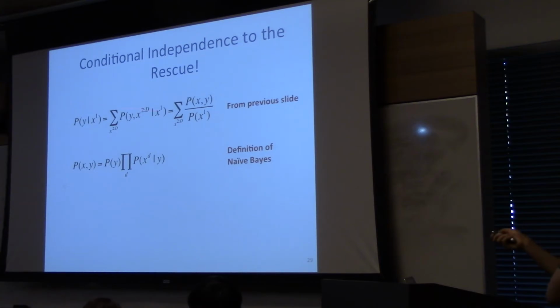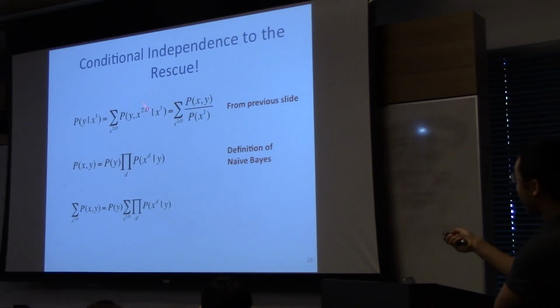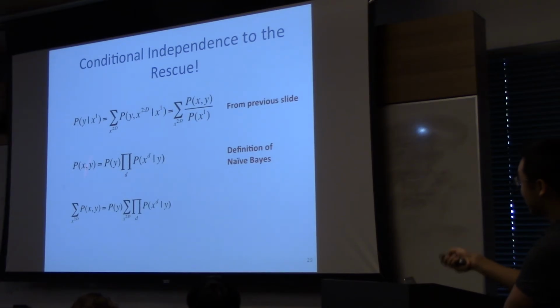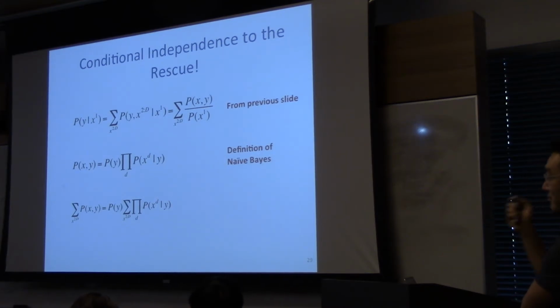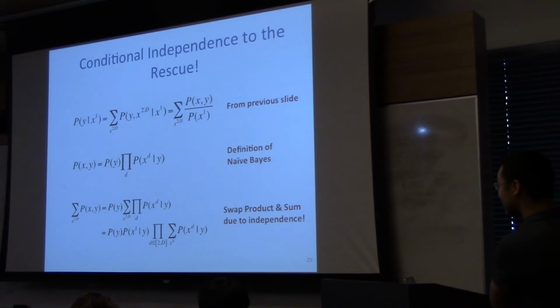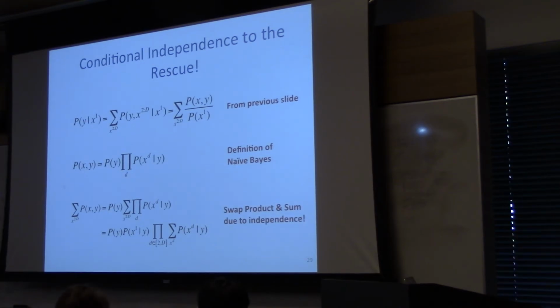So this is from the previous slide. It's the definition of naive Bayes. I'm going to factor out this term because it's constant within the summation. I'm just going to take a look at this term, and write it out according to the definition. And it turns out, because of independence, I can just swap the sum and the product.